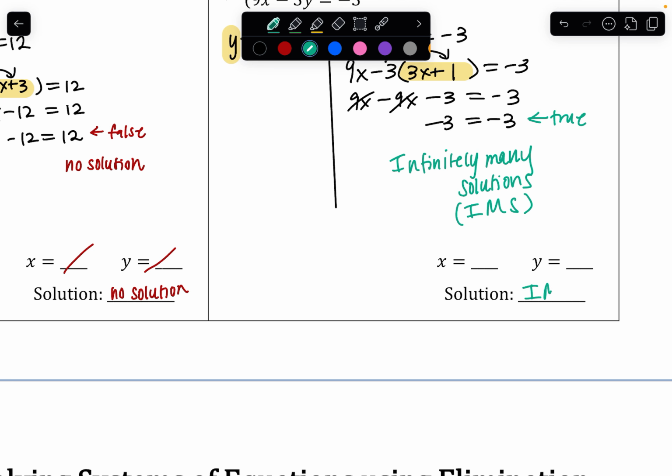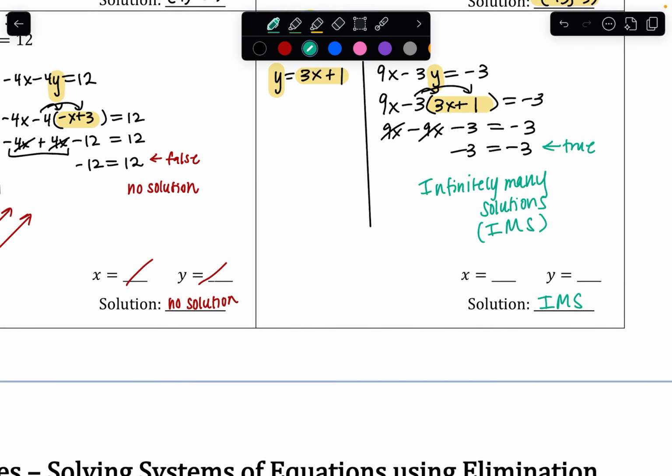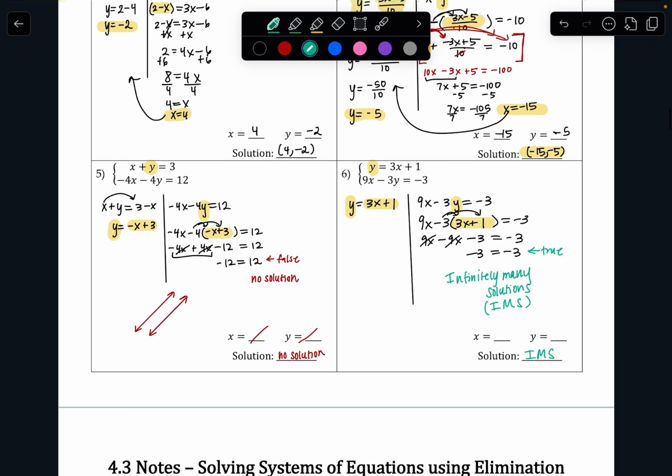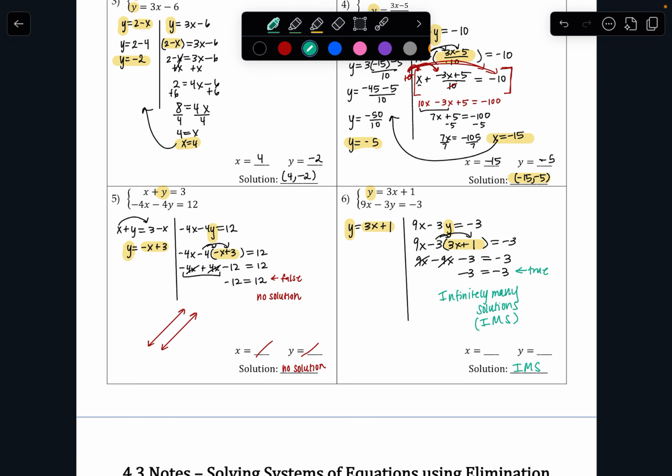Okay, IMS. Just do not say all real numbers for this situation. Okay, and so this would be an example. If I were to solve both of them for slope-intercept form, they're the same line. We would see them graphed right on top of each other.